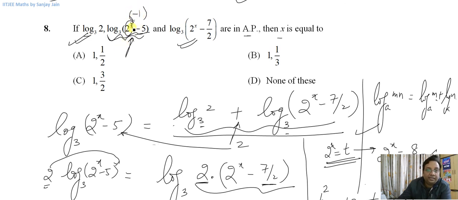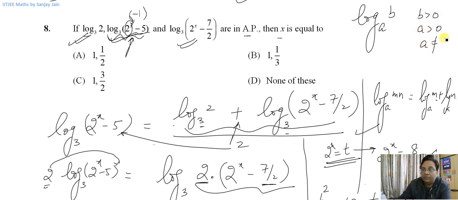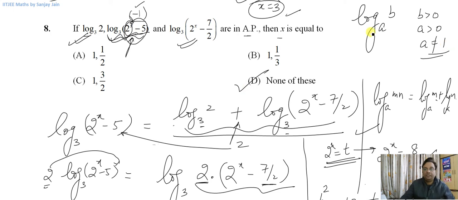And logarithm will not be defined, because we know that for log b to the base a to be defined, b should be positive, a should be positive, and a should not be equal to 1. In this case the argument will become negative, hence x equal to 2 is not acceptable. So x equal to 3 will be the correct answer, and the option is D, that is none of these.